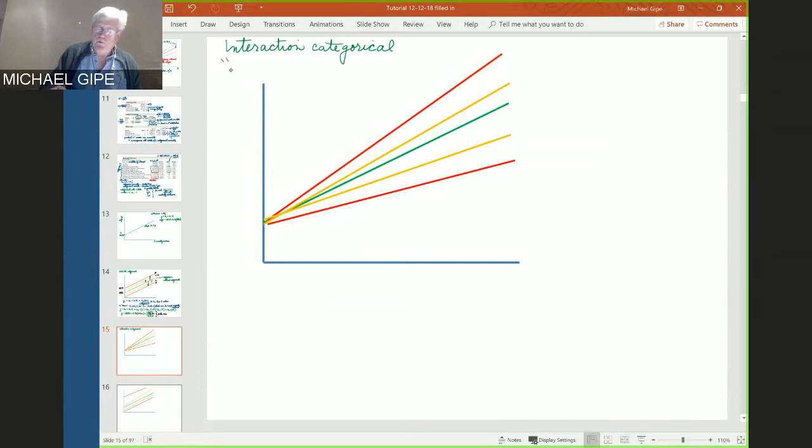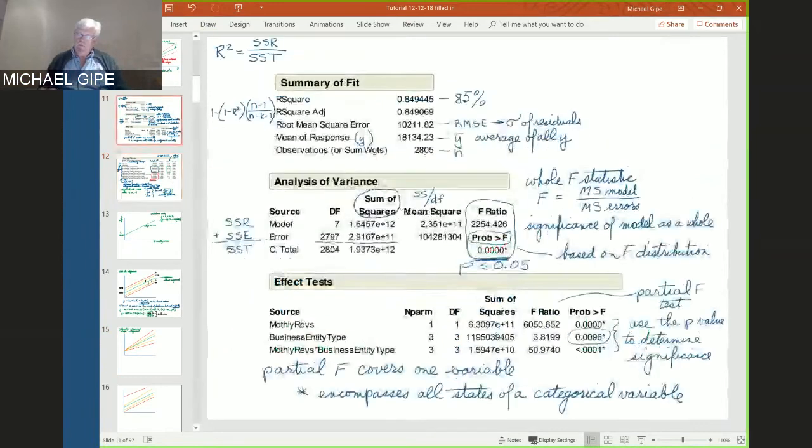And we also sometimes call that a slope categorical. And this is the other term. Let's look at it here. Down at the bottom, you can see the bottom row is called monthly revenues times business entity type.